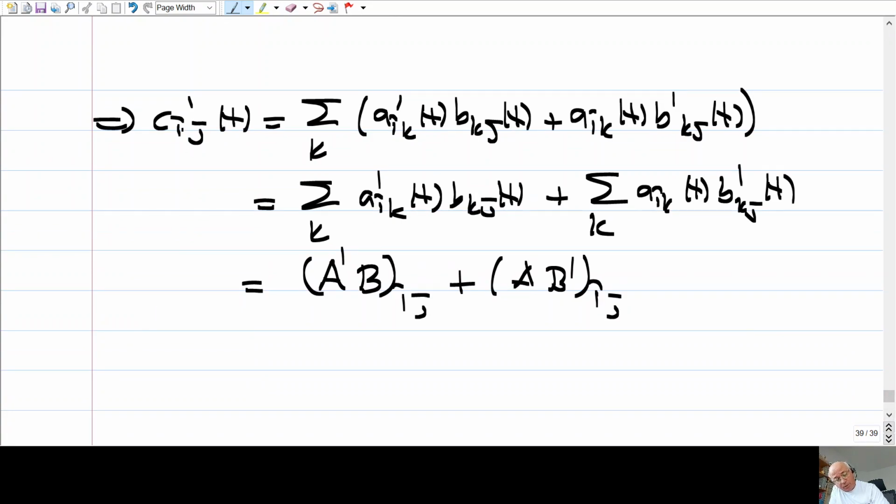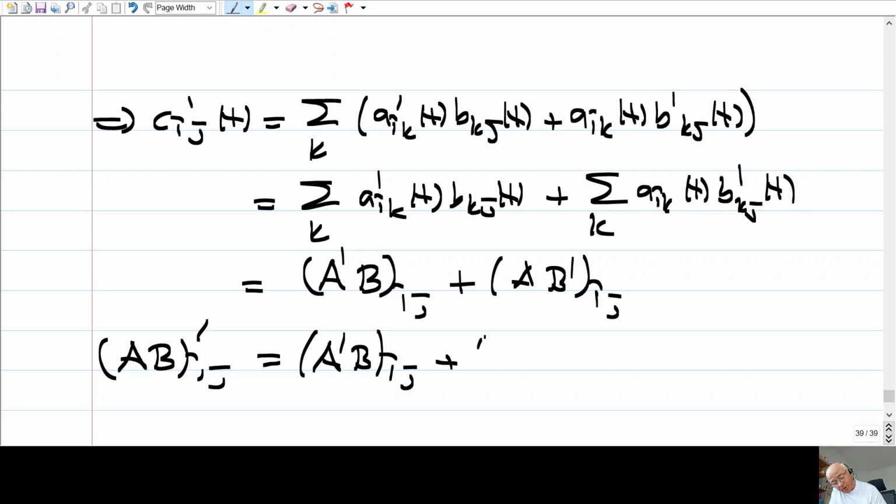So what was C? C_ij is just the ij term of A times B, so its derivative is the ij term of A prime B plus the ij term of A B prime.